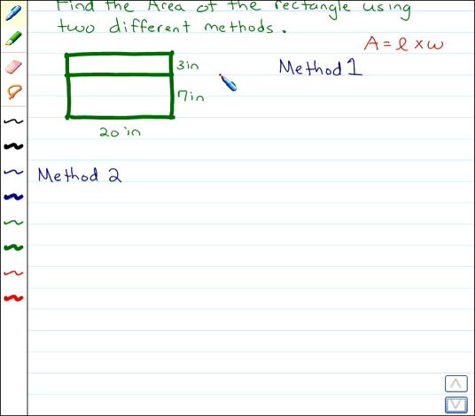So we're going to let this be our width, and this is our length. So we're going to end up with A for method 1 is equal to 20 times 3 plus 7.